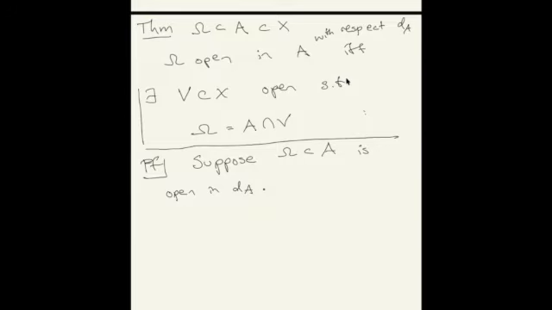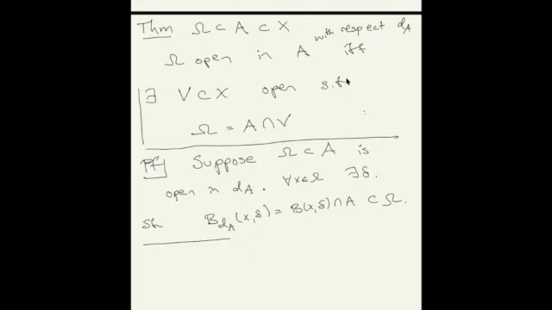It's open in dA. That means that for every point in omega, there exists a delta such that if we take the dA ball centered at x with radius delta, which is equal by above to the delta ball intersected with A, this is contained in omega.